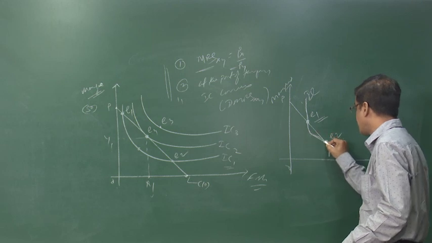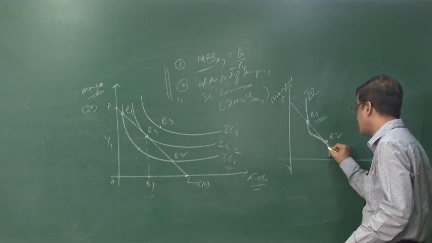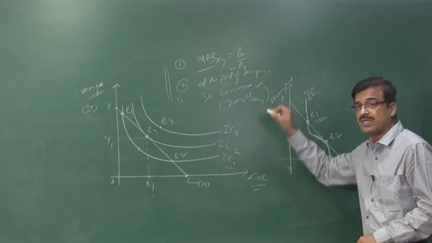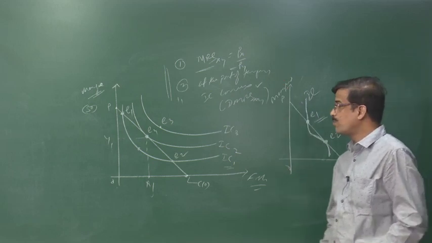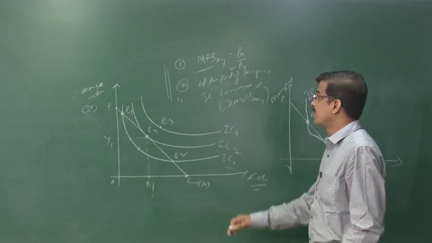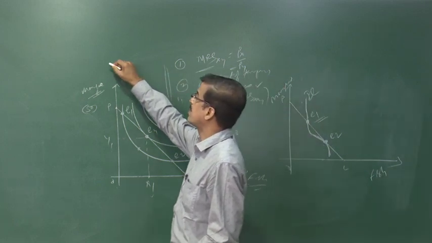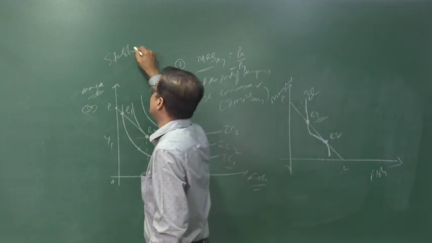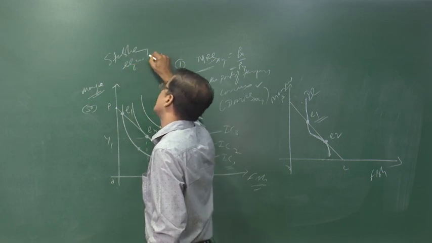Mark that the indifference curve here is concave to the origin, whereas the condition says it should be convex. So at the point E4 we find a stable equilibrium. When both the conditions are satisfied, it is called stable equilibrium.